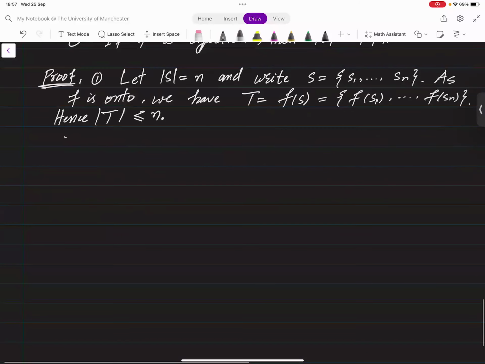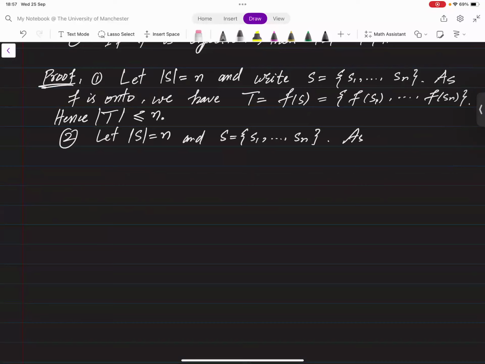Okay, number 2. Let order of S be n, and S is the set of n elements.